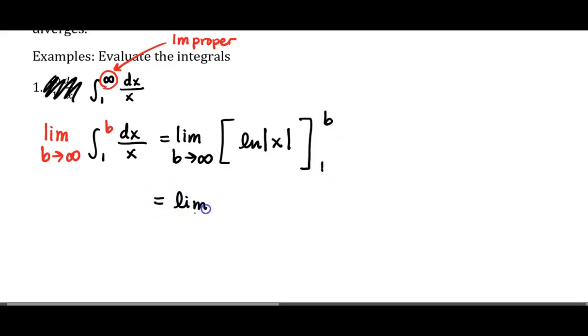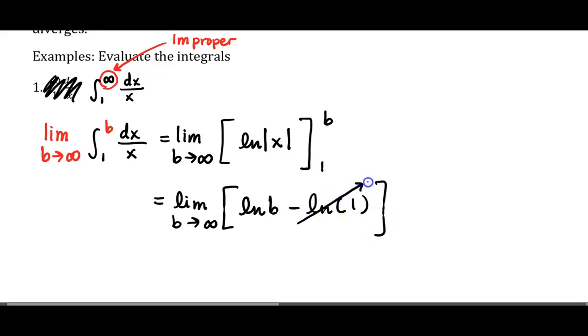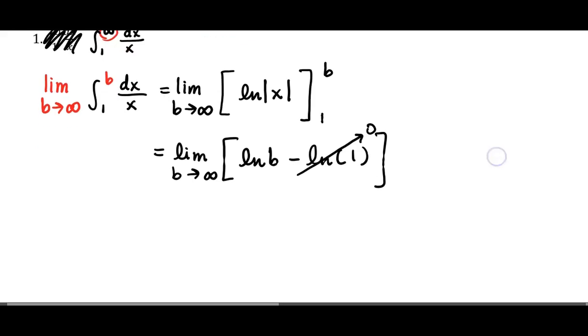So we begin by plugging in our upper limit of b to have natural log b, and subtract and plug in our lower limit of 1. Natural log of 1 is equal to 0, so we get nothing there. So we need to know what is the limit as b goes to infinity of natural log b. Well, natural log is an increasing function.